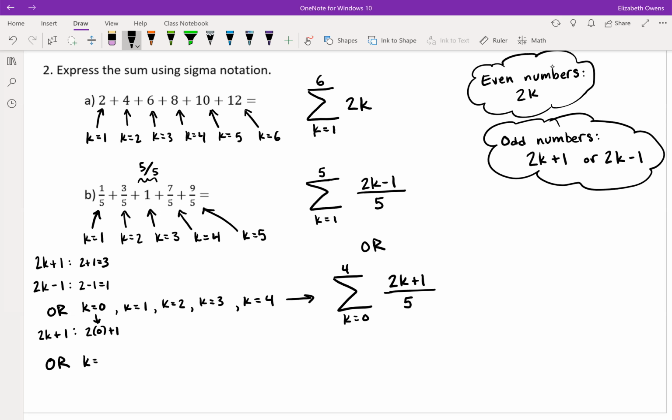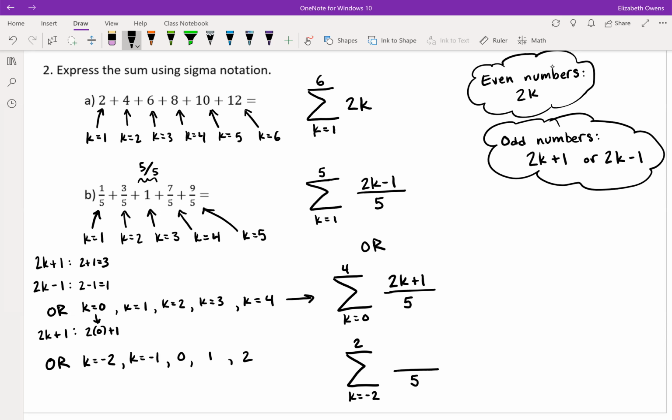So if you start with k equals -2, then you go -1, 0, 1, and 2. Okay, that gives us the basic sigma setup here. K equals -2 to 2. We still want the 5 in our denominator.